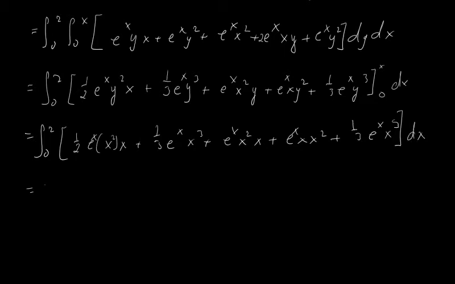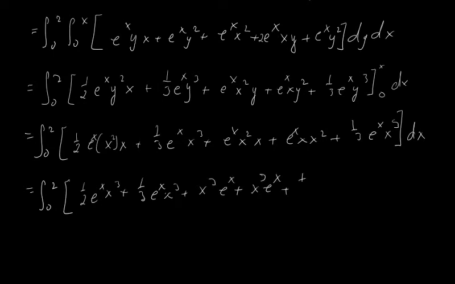So let's simplify this, make it a little easier to look at. So this is 1/2 e to the x x cubed plus 1/3 e to the x x cubed plus x cubed e to the x plus x cubed e to the x plus 1/3 e to the x x cubed. So every single one of these is an e to the x x cubed, so let's add up the coefficients here.